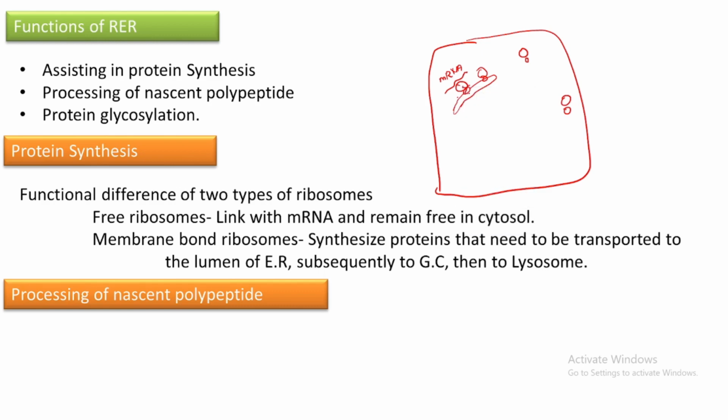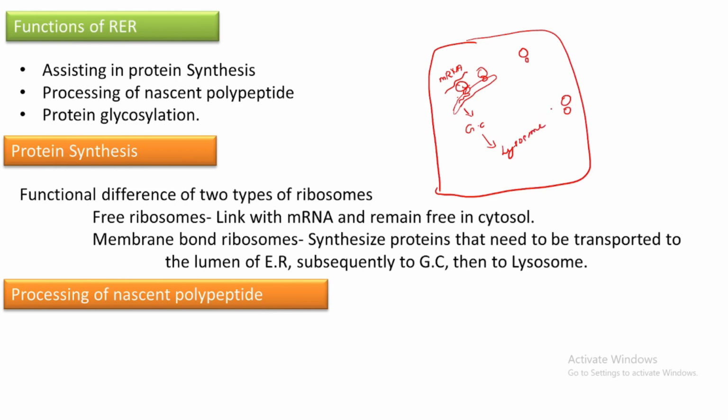As these ribosomes are attached to the endoplasmic reticulum, the newly forming polypeptide first enters the cisternal space, that is the lumen, of the endoplasmic reticulum. From that lumen it is then transported to the lumen of the Golgi complex, because all these structures are interconnected, and from there it can reach the lumen of the lysosome.